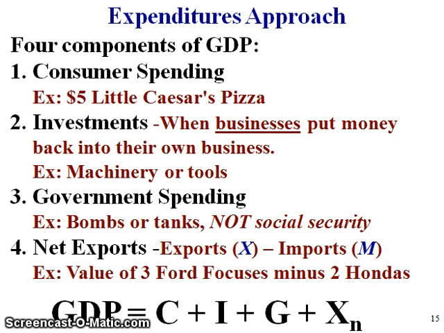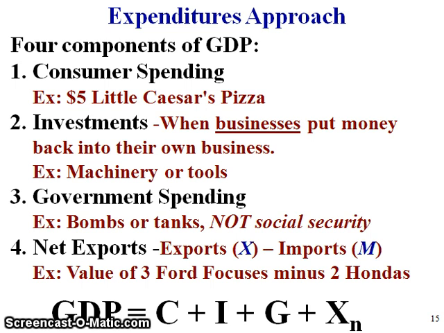All right, so with the expenditures approach, we said there are four components of GDP. The formula for GDP is C plus I plus G plus X sub N, which stands for net exports, or exports minus the imports in a given year. So C stands for consumer spending. This is anything that's purchased in the product market, from a $5 Little Caesars pizza to a shirt that you bought at the Gap.